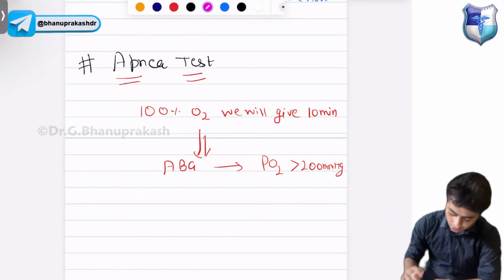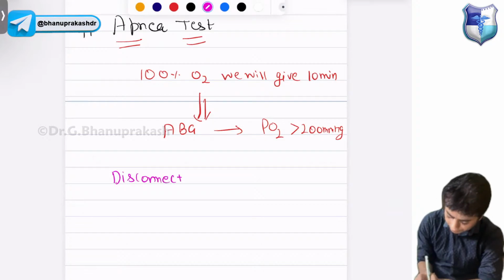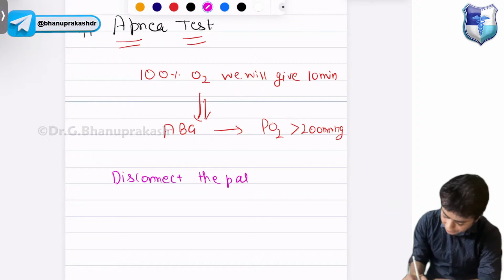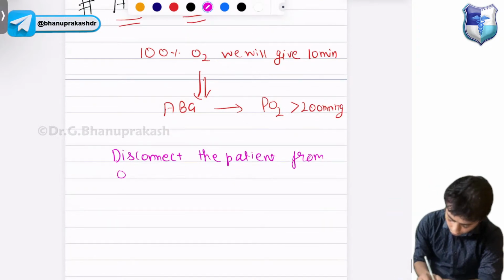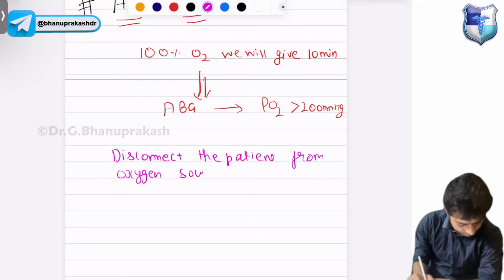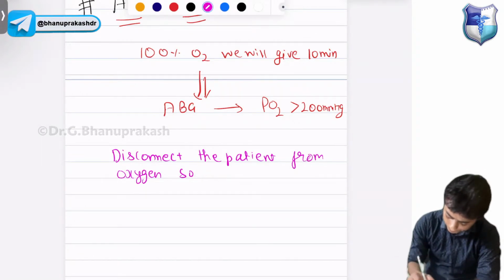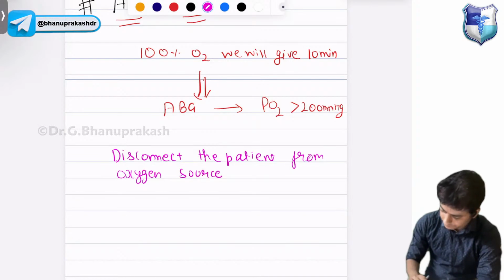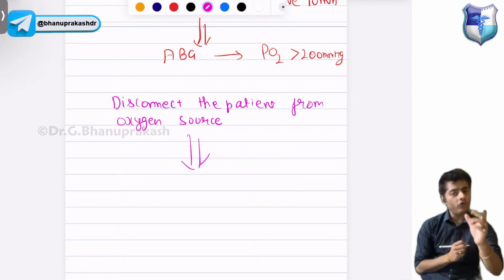After that, what will we do? We will disconnect the patient from the oxygen source. And now what will happen?